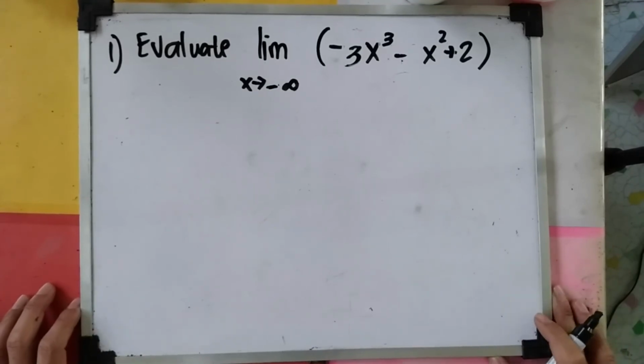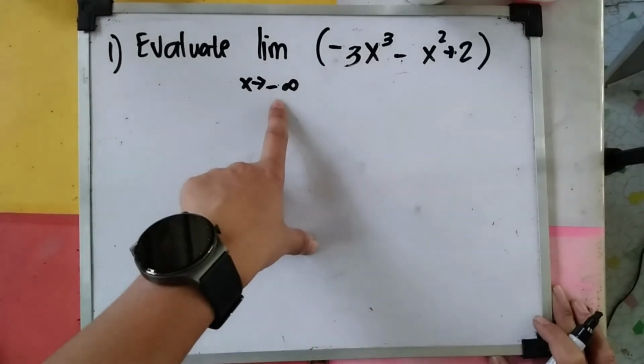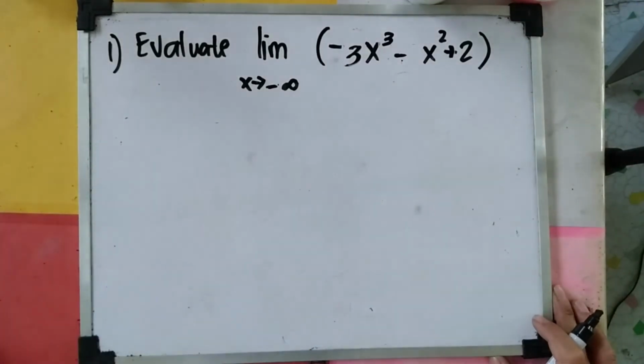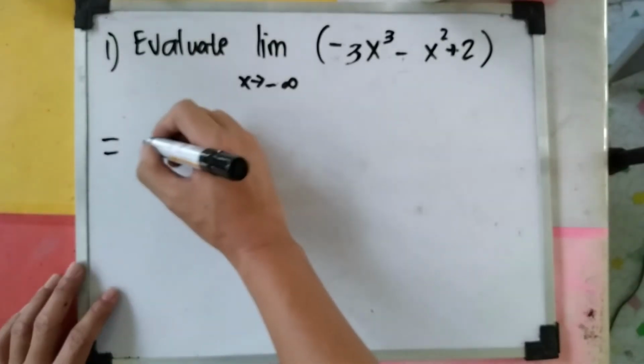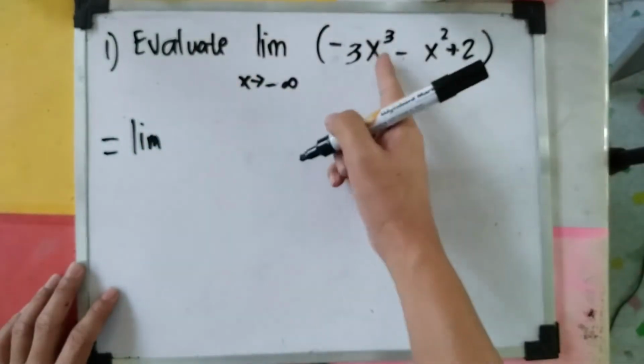Okay, another example. Evaluate the limit quantity negative 3x cubed minus 2x squared plus 2 as x approaches negative infinity. Again ha, pag negative infinity, dalawa ang answer. Pag even ang exponent, positive. Pag odd ang exponent, negative infinity ang answer. So what will happen now, kunin ko yung pinakamalaki na exponent.